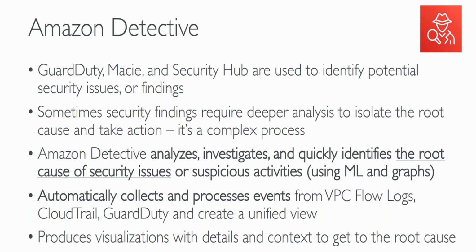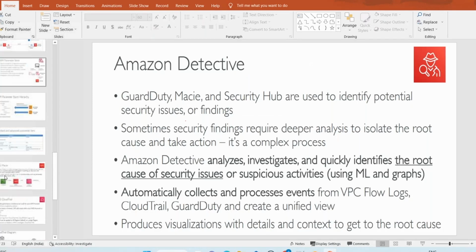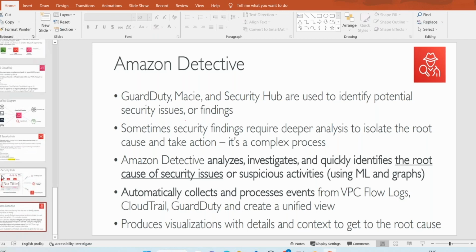It automatically collects and processes events from VPC Flow Logs, CloudTrail, GuardDuty, and creates a unified view. Then it produces visualizations with details and context to get the root cause, right? So we use Detective if you want to investigate something in a deeper way. Cool team. It will be collecting data from GuardDuty and all those places.